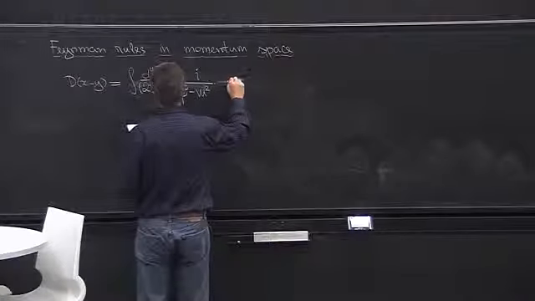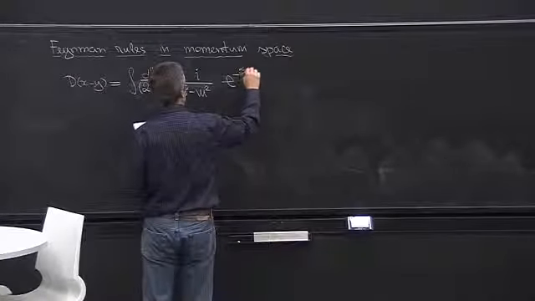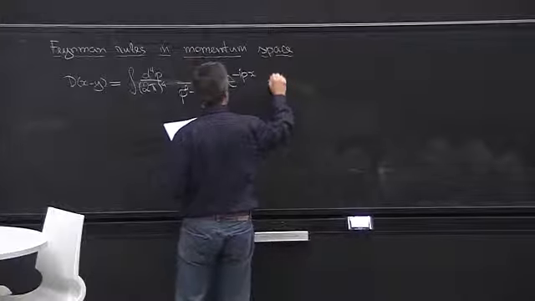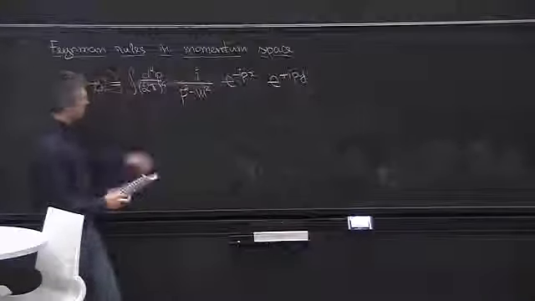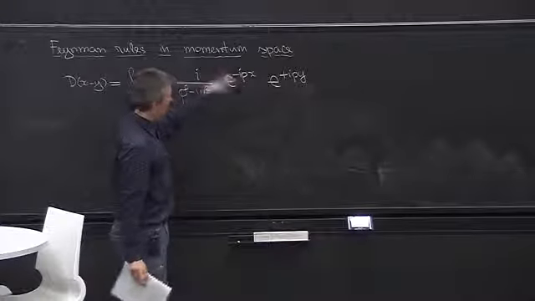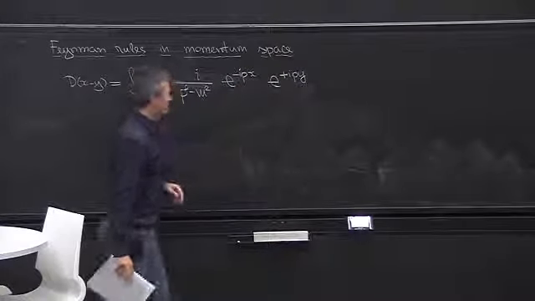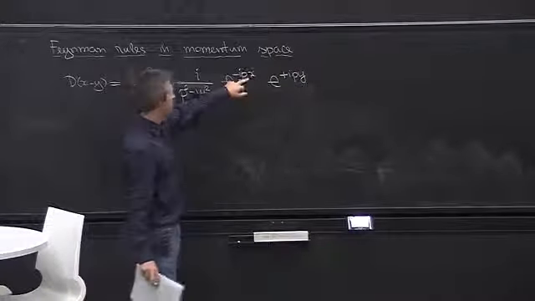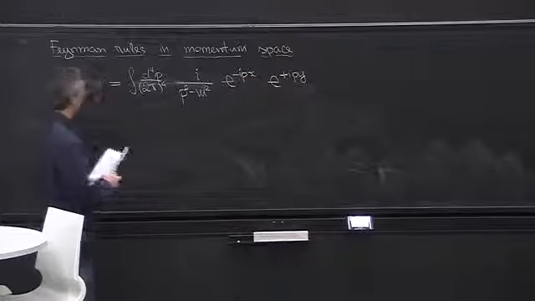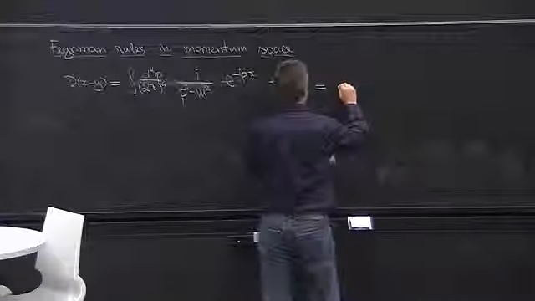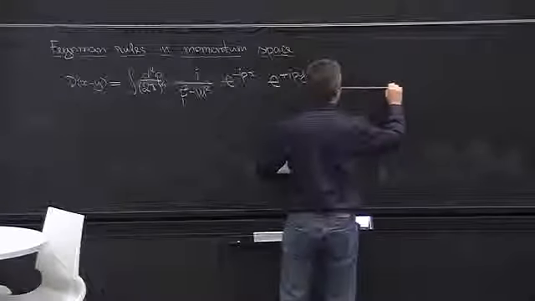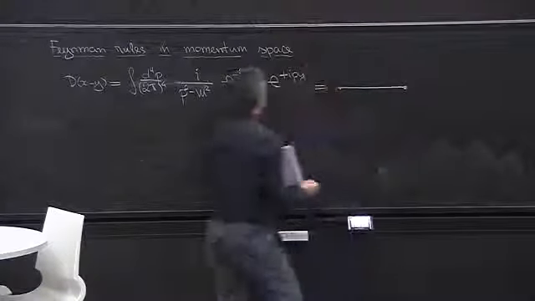And then I have e to the minus ipx times e to the plus ipy. So this is just a funny way to write a single exponential, okay? Because this is e to the ip(x minus y). The reason I want to write it this way is that then I can assign the exponential factors to the endpoints.